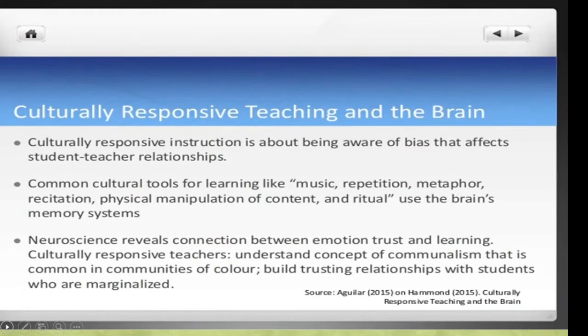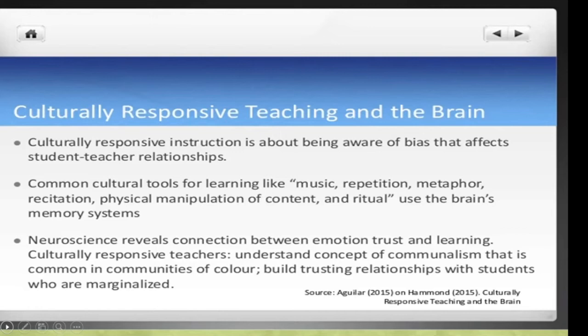So when you think about the cultural tools for learning, that's why music, repetition, metaphor, recitation, physical manipulation of content, and ritual use the brain's memory systems, because you want to make sure that your students connect with that content. And this is particularly critical when we're talking about English language, and the poems and the English stories and Shakespeare and all those things that are there.